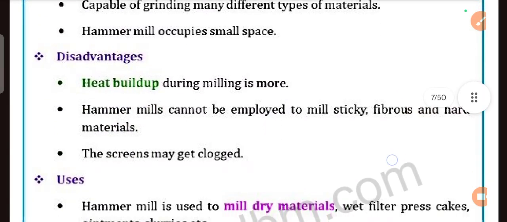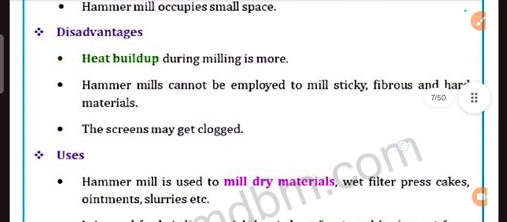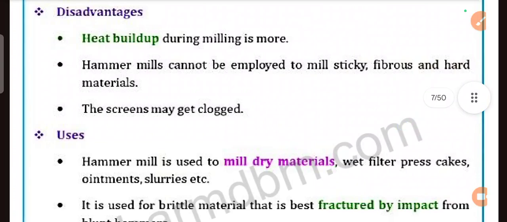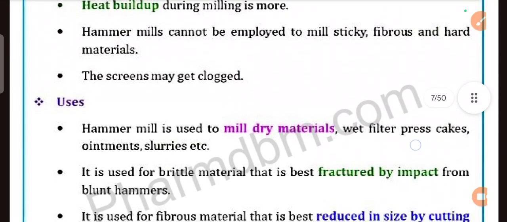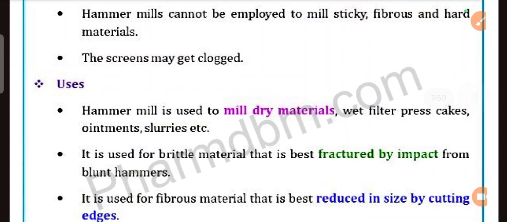Disadvantages: heat buildup during milling is more. Hammer mills cannot be employed to mill sticky fibers and hard materials. The screens may get clogged.